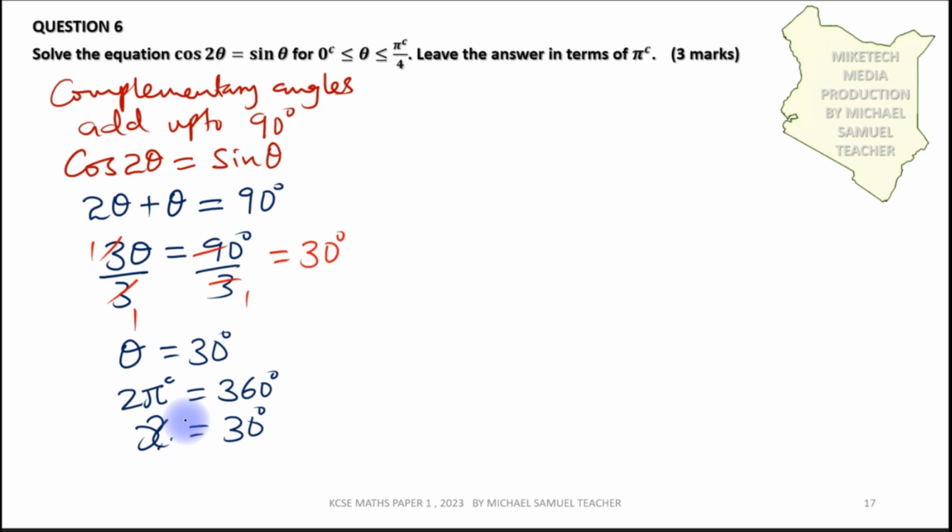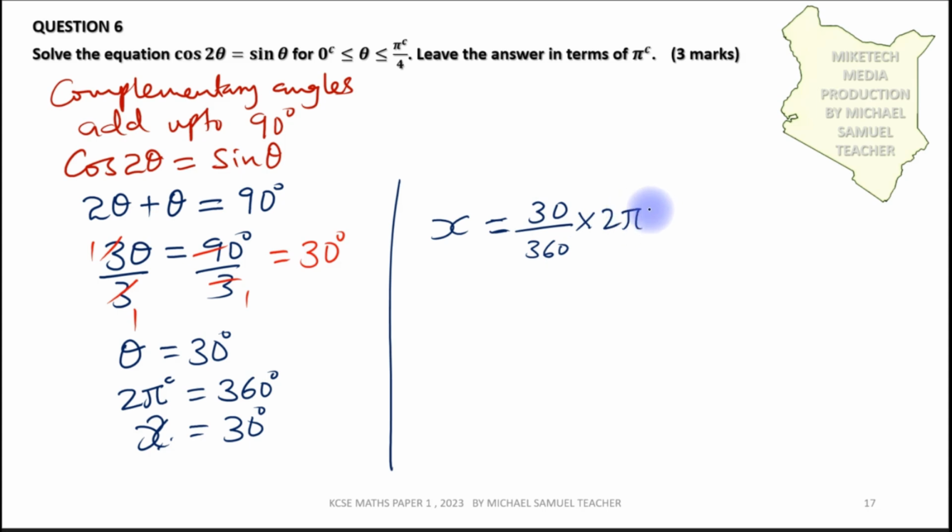So let's say x. So that will be equal to 30 over 360 times 2 pi radians. 12 by 2, 1 by 2, 6. Therefore, we have pi over 6 radians.